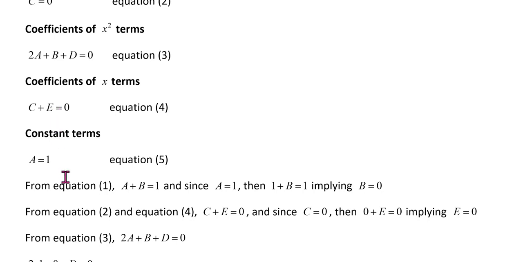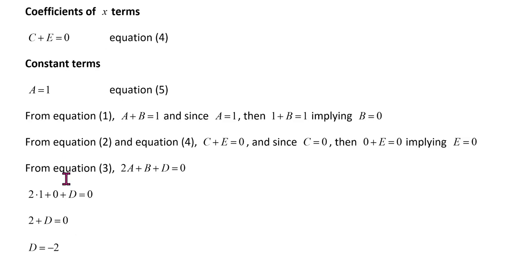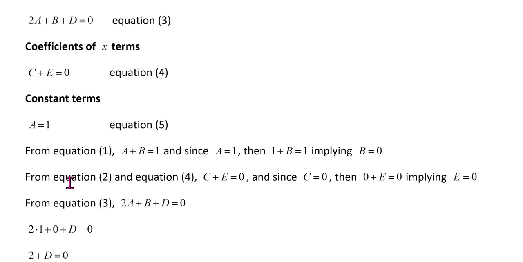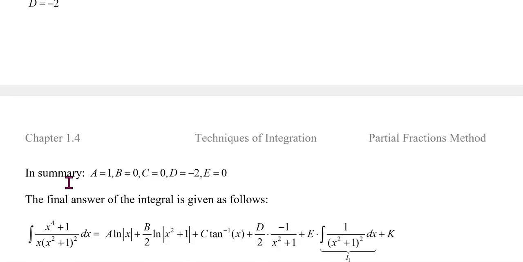Now we pretty much got everything but d. So d is here. So we know that b is 0, and then we know also a is 1. So that makes d to be negative 2. So we got all the coefficients.